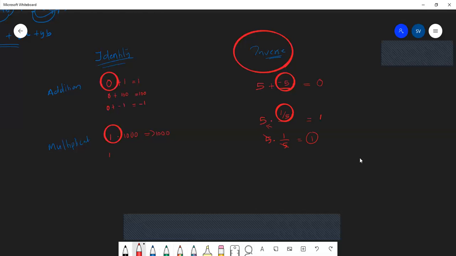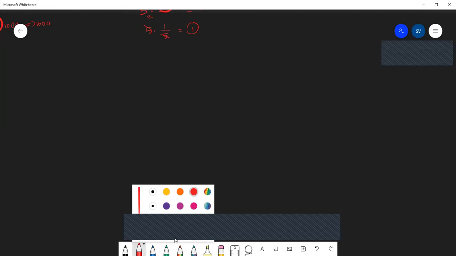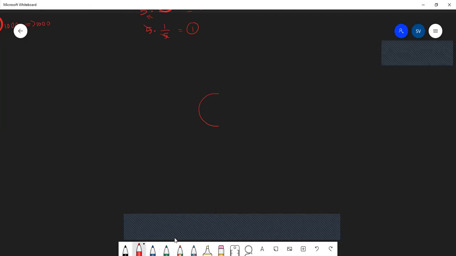Okay, now we can conclude this whole explanation by drawing a picture. We can start with the red. So we started with natural numbers.